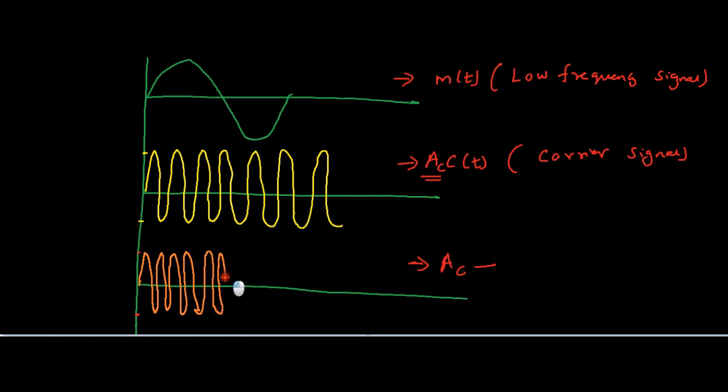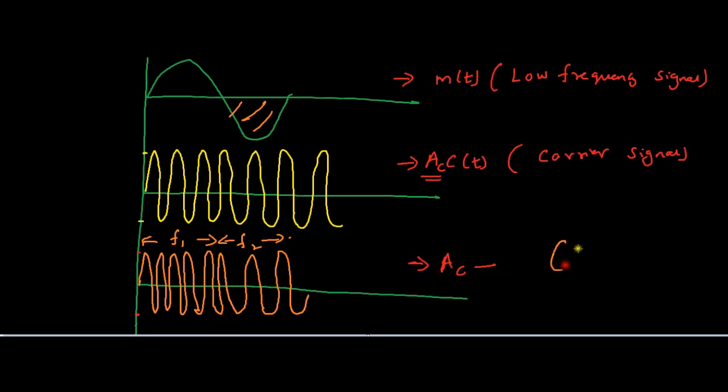As you can see, the frequency is different from this part to this part, say f1, and here it is f2, because the message is different here in this negative part. So the frequency is varied accordingly. So this is our FM wave, that is frequency modulated wave. It has the same amplitude as this carrier wave.